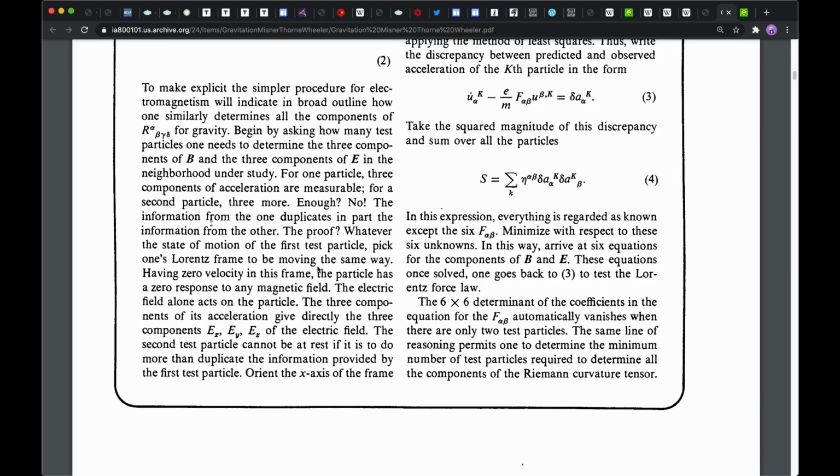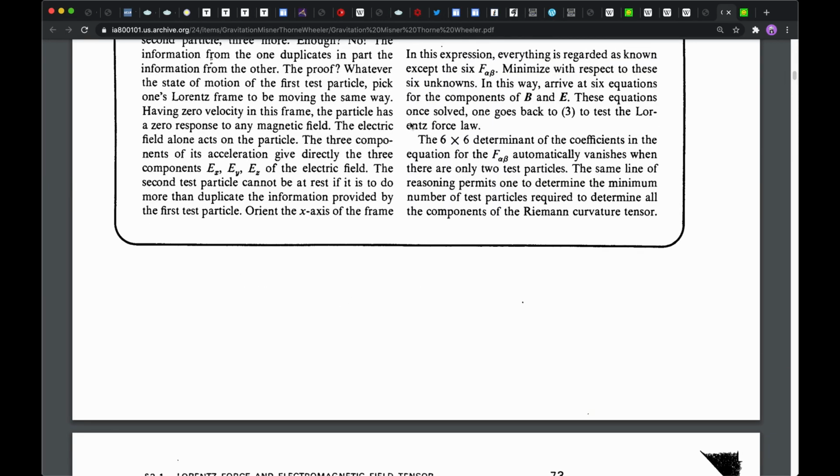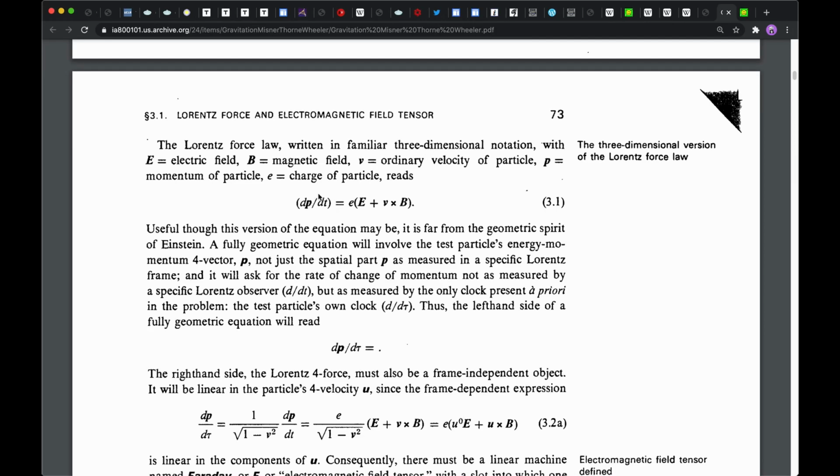Yeah, and after that box, which actually talks about how to measure the curvature using real particles, I really suggest you read that later. And here you can see the standard form for the Lorentz force law in 3D.